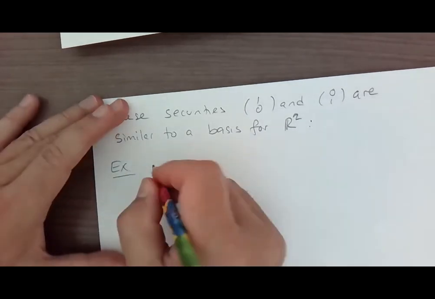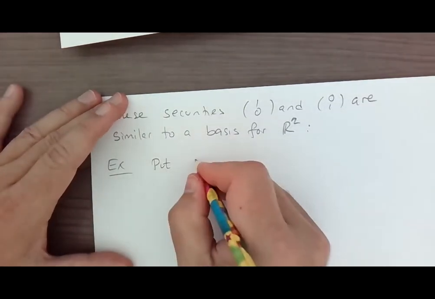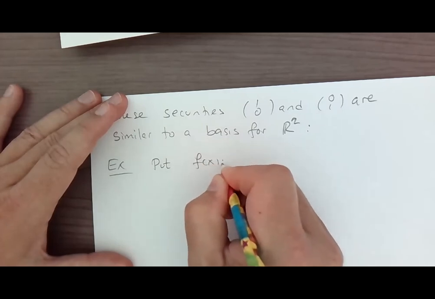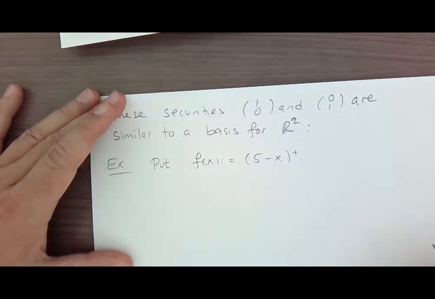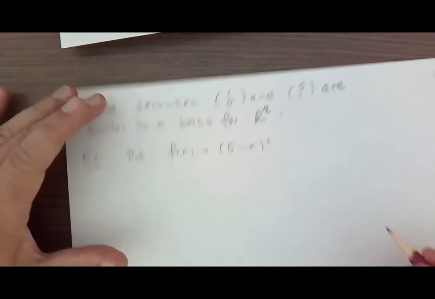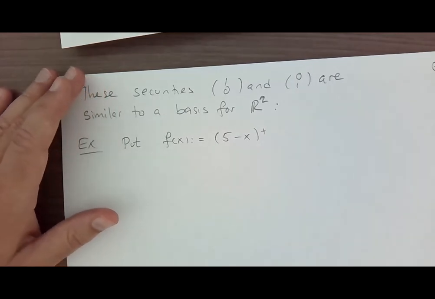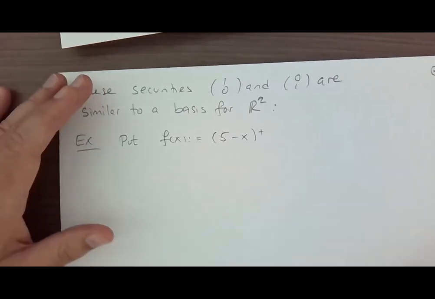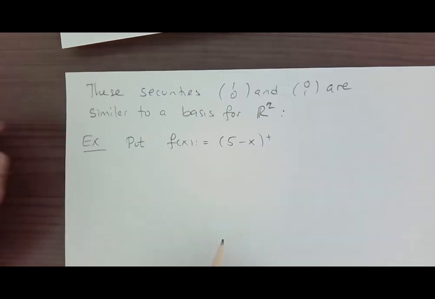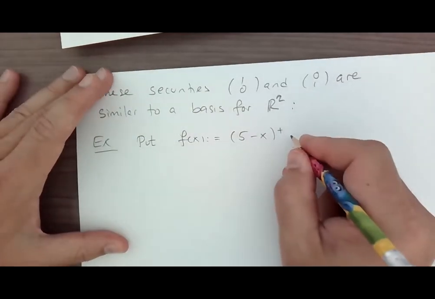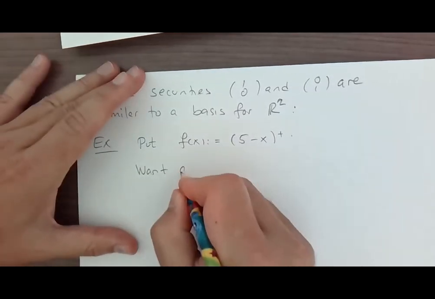if you go back to the example of a put, so the put from before, the payoff would be 5 minus X, positive part. It would be 5 minus the stock price. And what we will be interested in is we want a replicating portfolio.